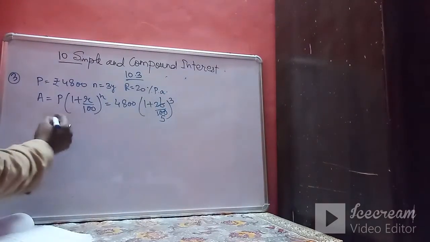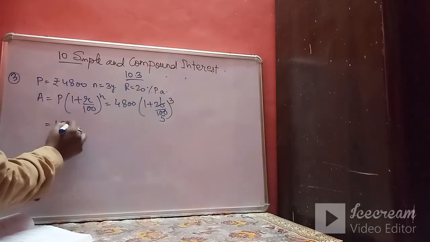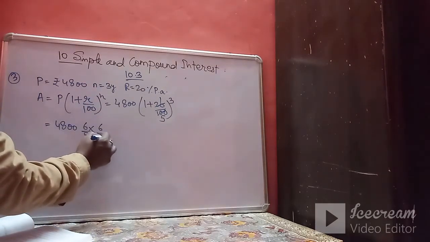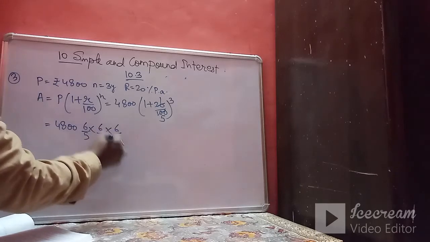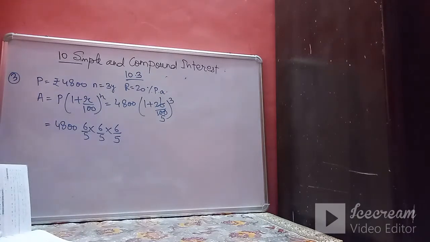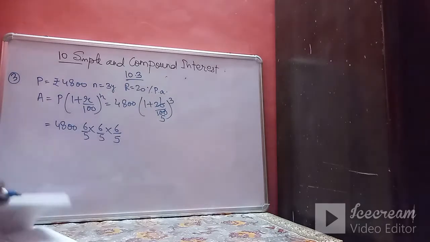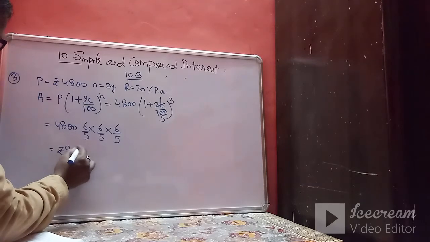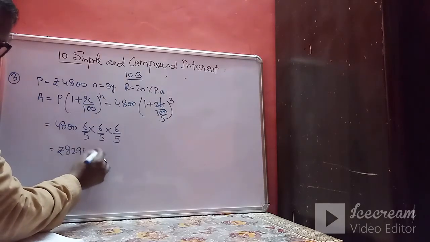Okay, it will be solved. So finally you will get 6 upon 5 into 6 upon 5 into 6 upon 5. And when you solve, you will get the answer as rupees 8294.40.